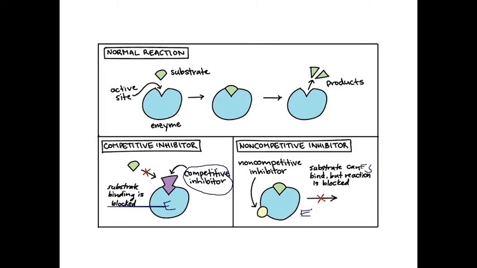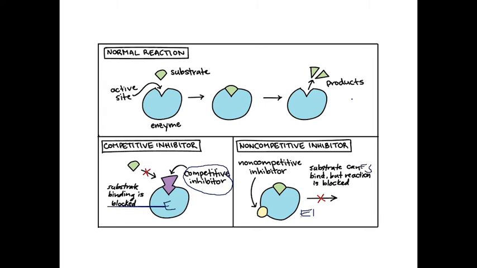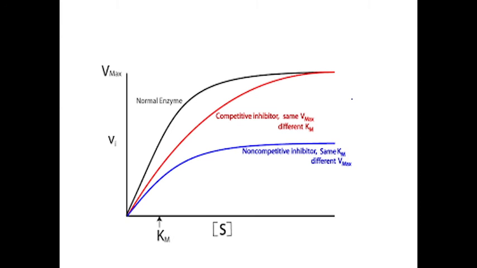That is the condition over here. So this inhibits the formation of ES. This kind of inhibition is also called isosteric inhibition, because the inhibitor is almost similar to the substrate. Their shape is almost similar to the substrate. So it is isosteric inhibition. So this is competitive inhibition.